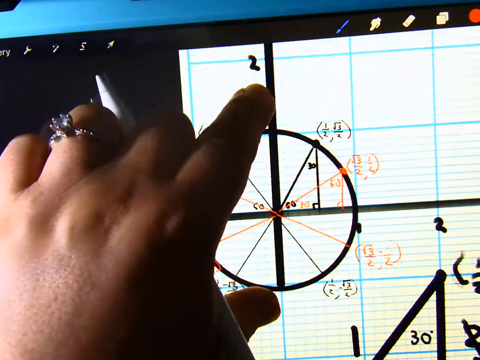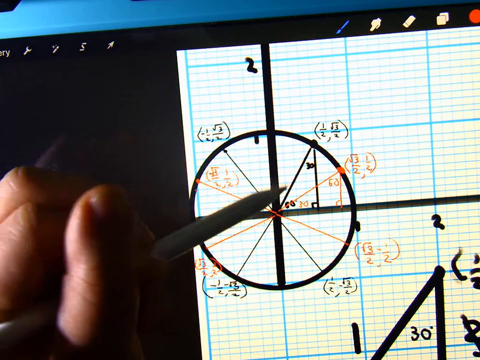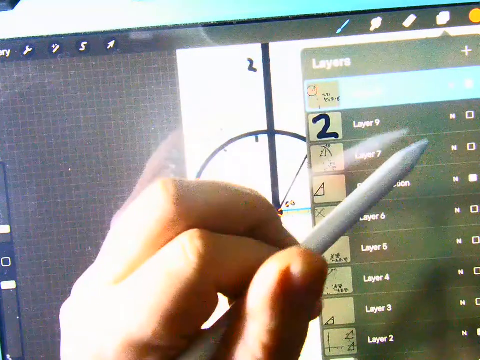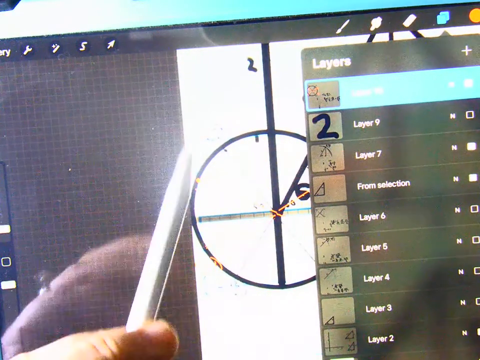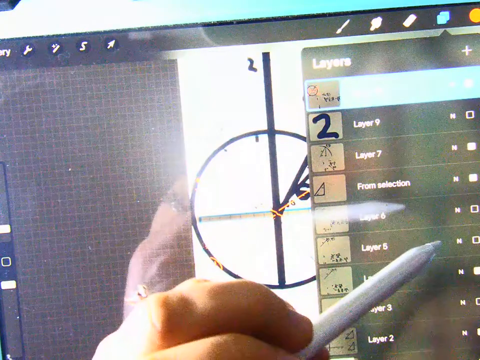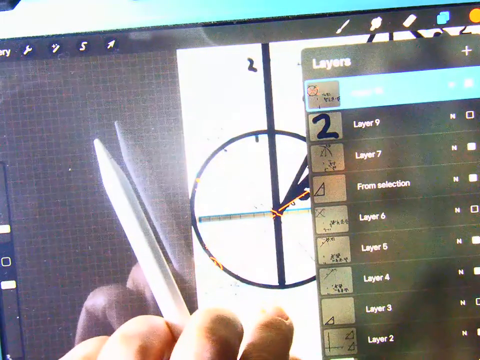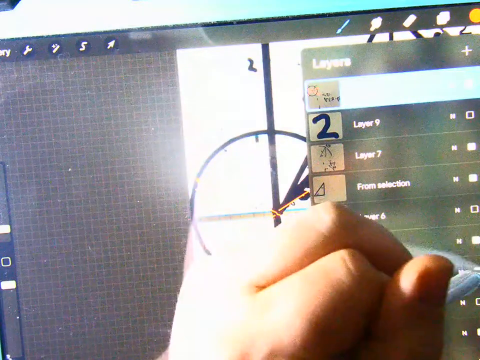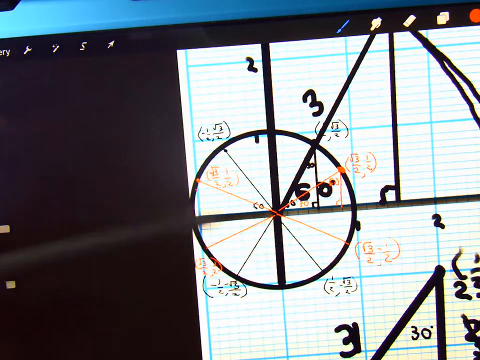So once you take your 30, 60, 90 triangle, your 60, 30, 90 triangle, and you also combine it with your 45, that's when you start getting the different components of your triangle.